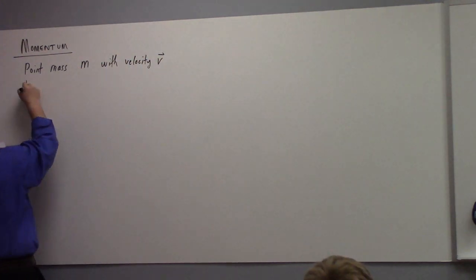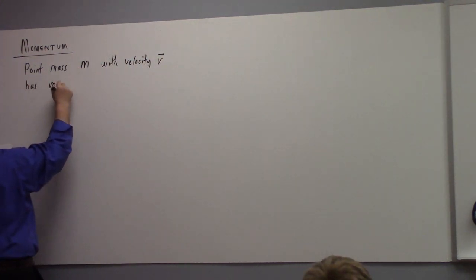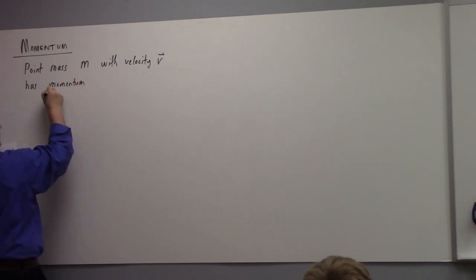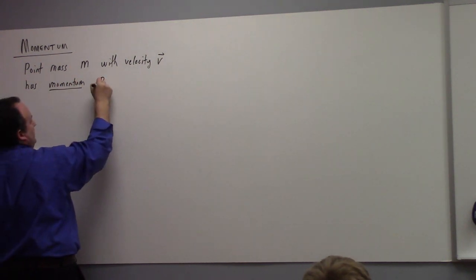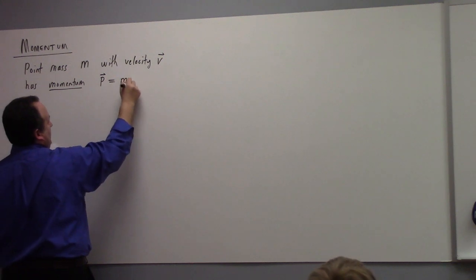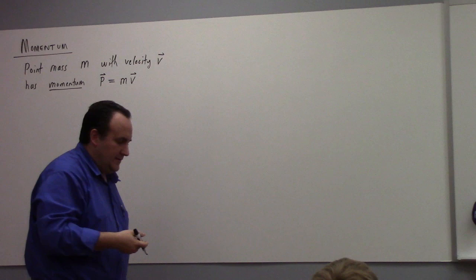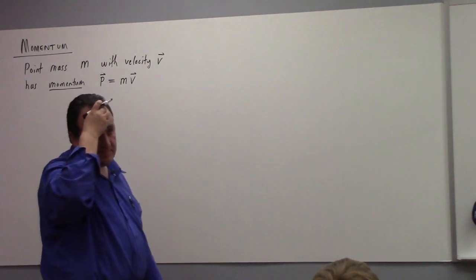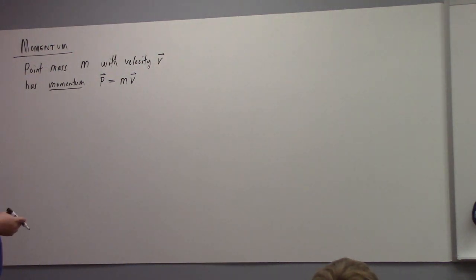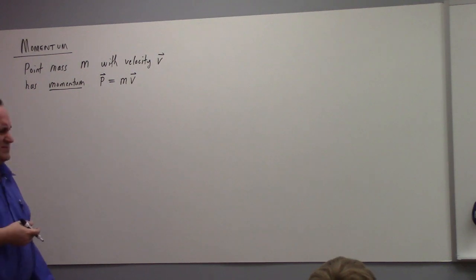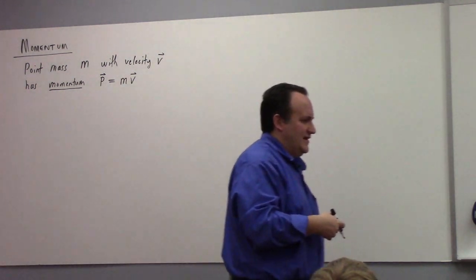Then this has momentum p, which is a vector, and it's equal to m times v. So momentum is the mass times the velocity. At first glance, you might say, well, we already know mass, we already know velocity. How does this help us? Well, it does. It actually helps us quite a bit in terms of the concept.